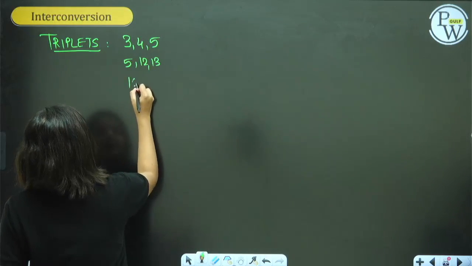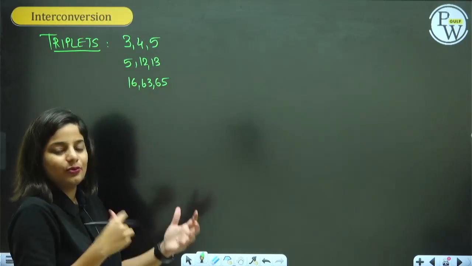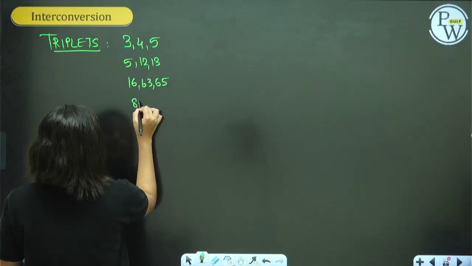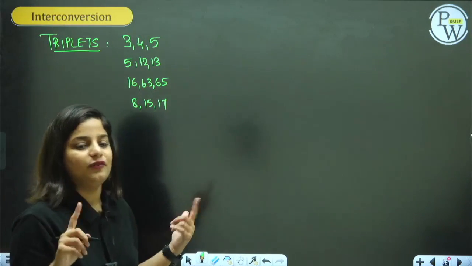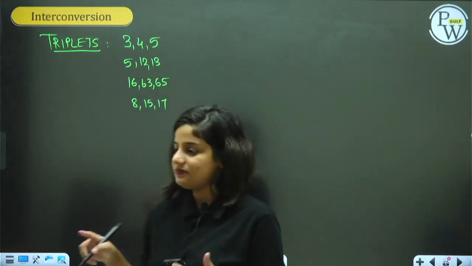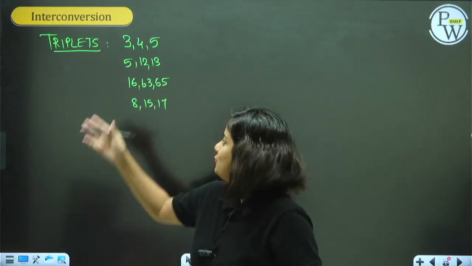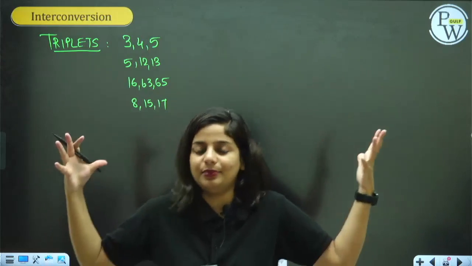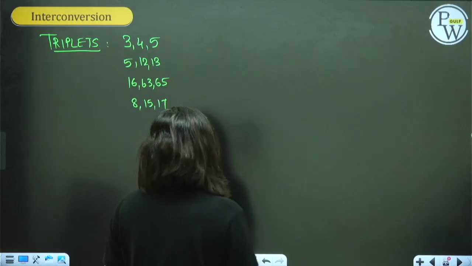Another one, 16, 63 and 65: 16 square plus 63 square is equal to 65 square. Last one is 8, 15 and 17. Just checking: 64 plus 15 square, 225, is 289, which is 17 square. Mostly we will be using these 4 triplets in questions, and whenever you come across these numbers, know that the question is going to simplify very nicely.